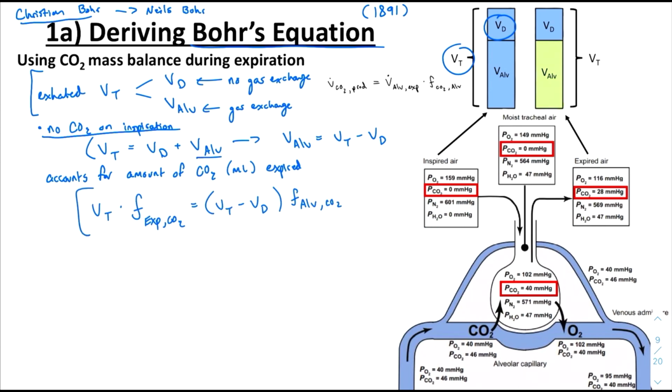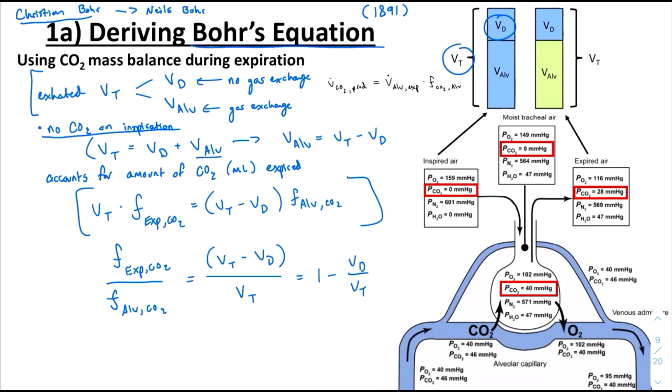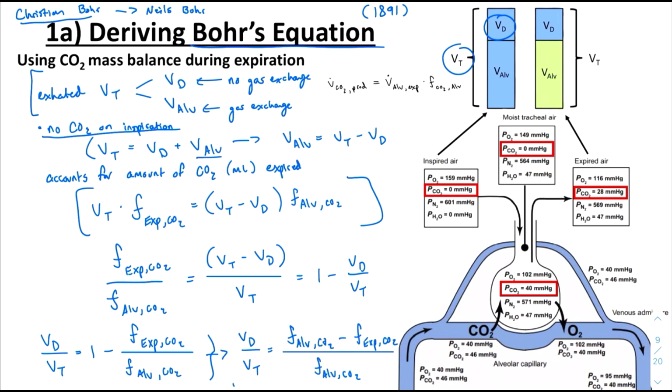Now we can rearrange this equation to be in the form of the fraction of expired CO2 over the fraction of alveolar CO2. This new form can be further simplified into this form, which can then be rearranged into this form, which can lastly be expressed as so. And this is what Christian Bohr came up with in 1891.